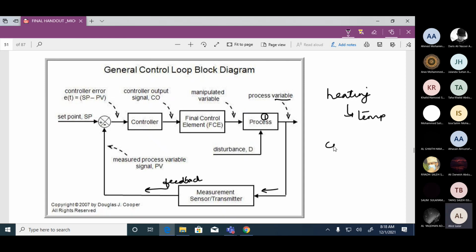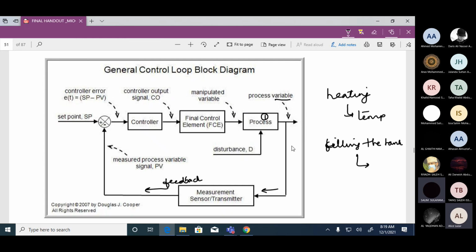If the process is filling the tank, can you tell me what will be the process variable? According to the process, we will be describing the variables.